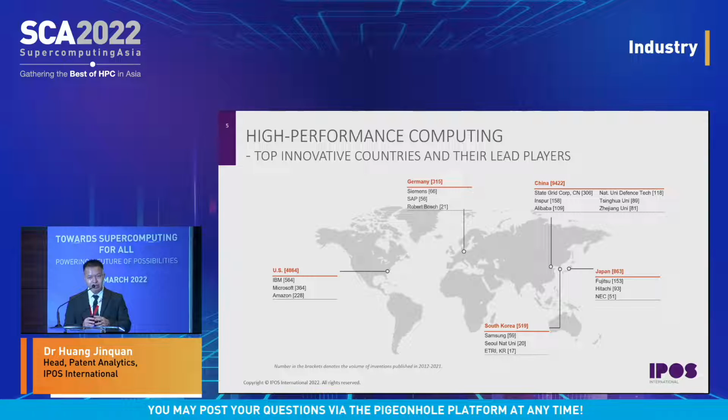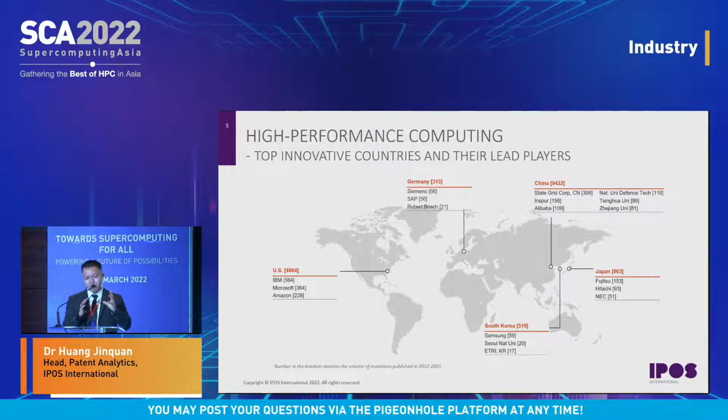Many of these have their big players, and many of the players are known to people who are very familiar in the computing industry. We have computer makers, computer companies like IBM, Fujitsu, Hitachi, and NEC. We also have software players, SAP, Microsoft, and Inspur from China.